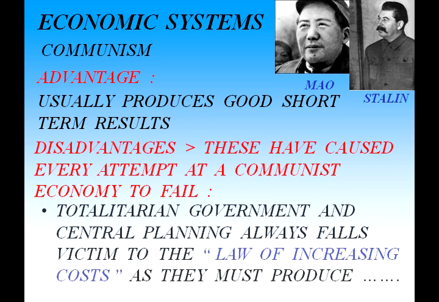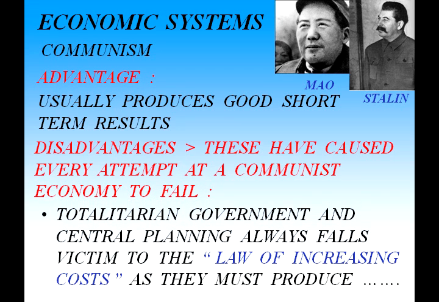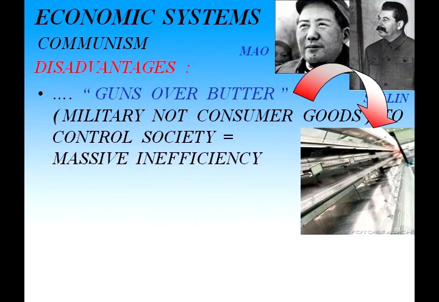Here's the first. Totalitarian governments, which the communist system needs, and central planning have always fallen victim to a law that we looked at in Chapter 2, the law of increasing costs, as the government must produce guns through the collectives over butter, meaning military, not consumer goods primarily in the factories, to control the society.